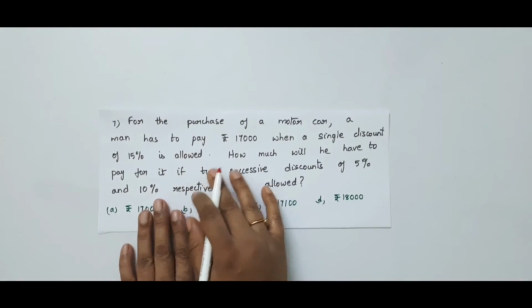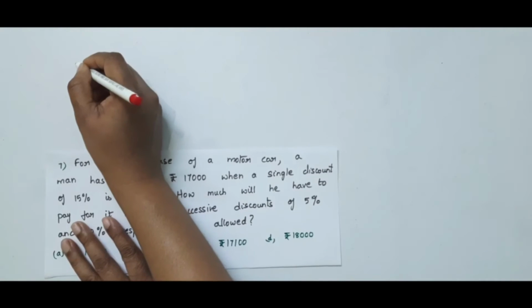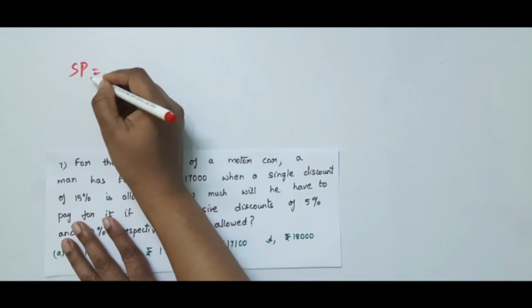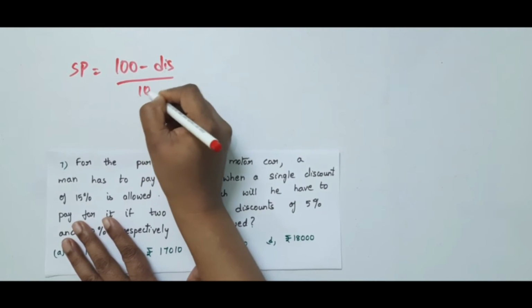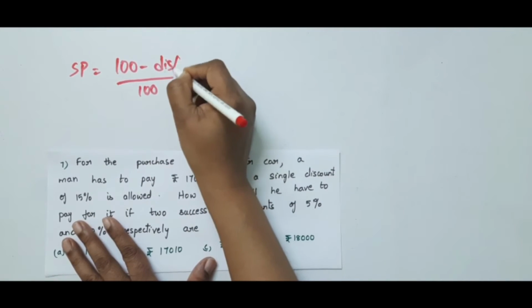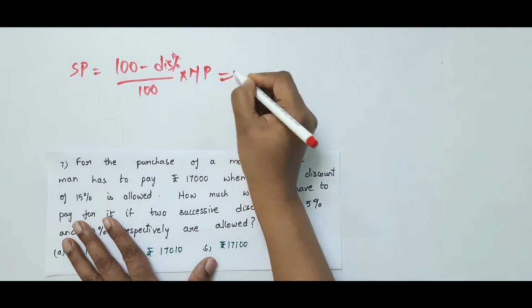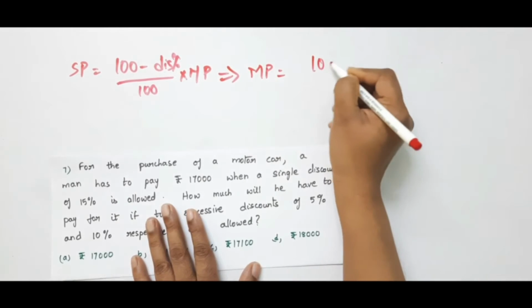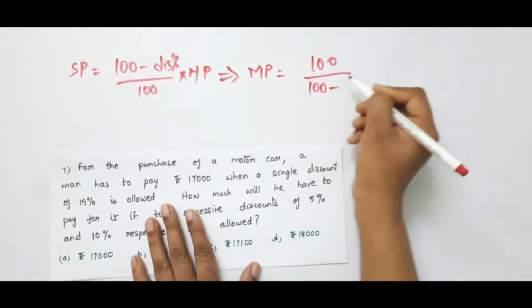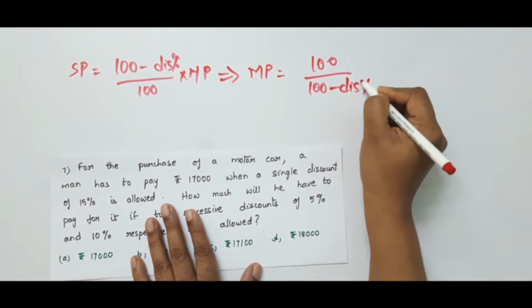Using the first sentence, you have to find the market price. We learned that selling price is equal to 100 minus discount percentage by 100 into market price. Is it not? But we need the market price. Market price means reverse. Market price is equal to 100 by 100 minus the discount percentage which they give, into selling price.